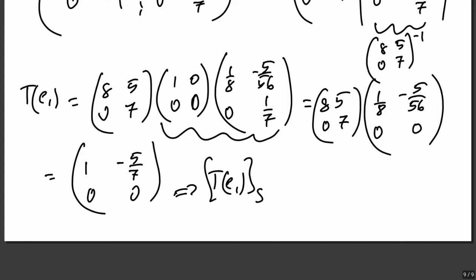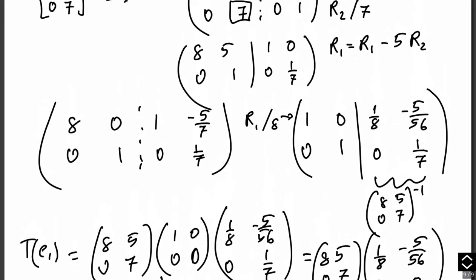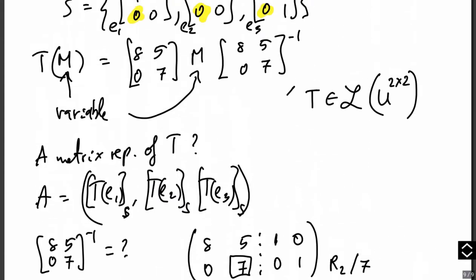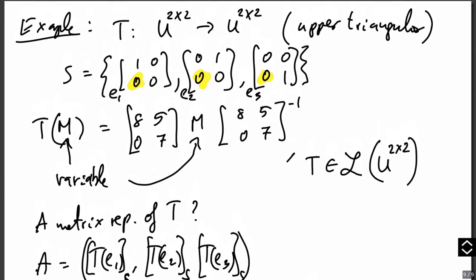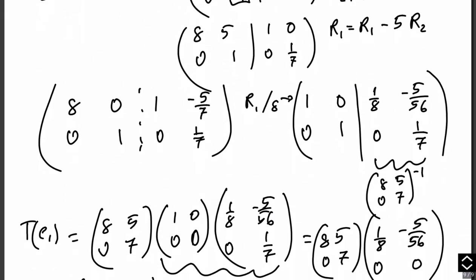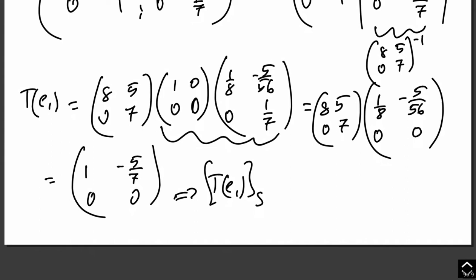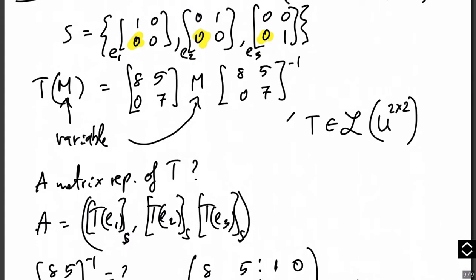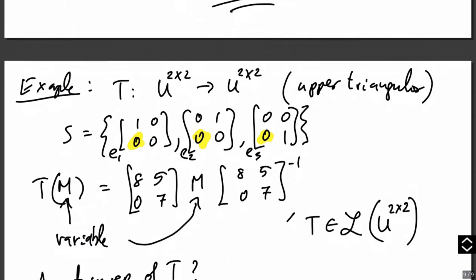But actually what we need is the representation of this in the standard basis. That means we have to look at how we can get it as a linear combination of the basis vectors from S. For the first one, we take 1 because we have 1 in the 1,1 entry, and then in the 1,2 entry we have minus 5 over 7, and that's supposed to multiply the second basis element.